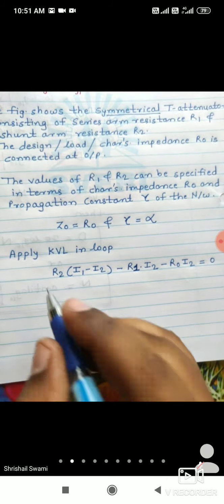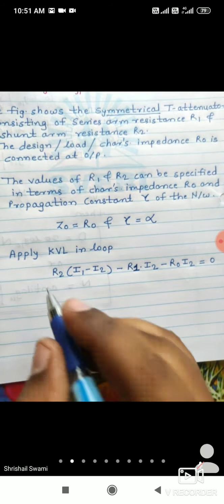Understood? So, in the relation between Napier and decibel, what we assumed in the last lecture derivation is I1 upon I2 is equal to V1 upon V2, which is equal to N, where N is the Napier.